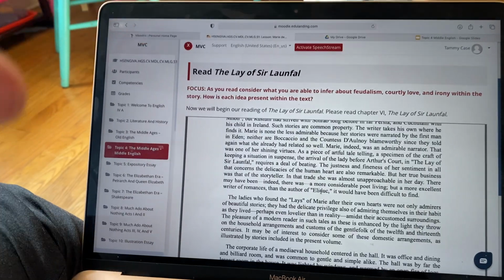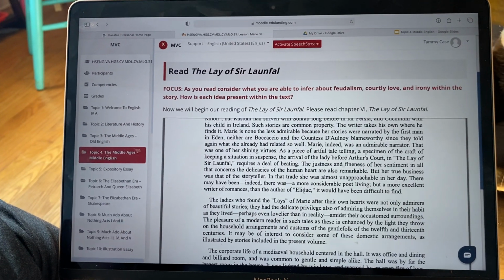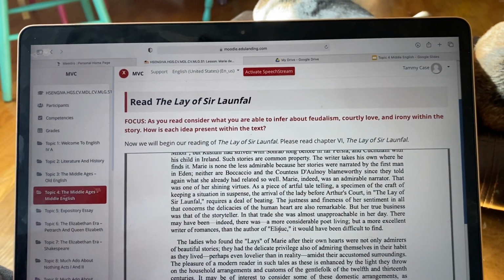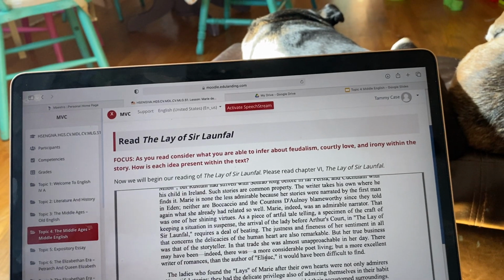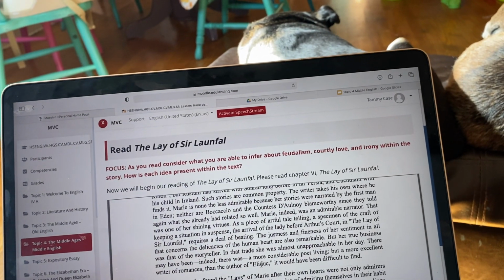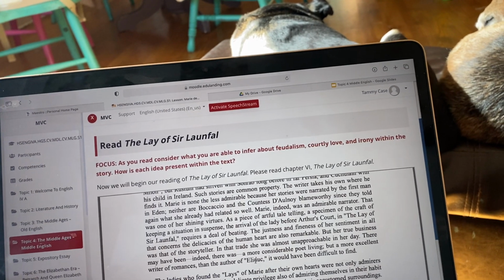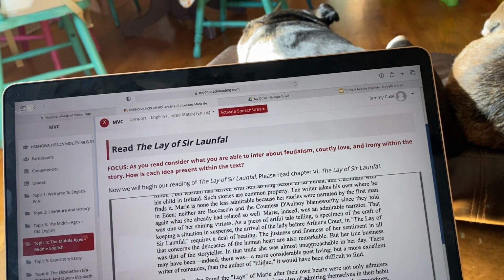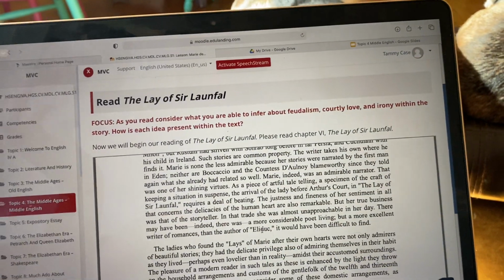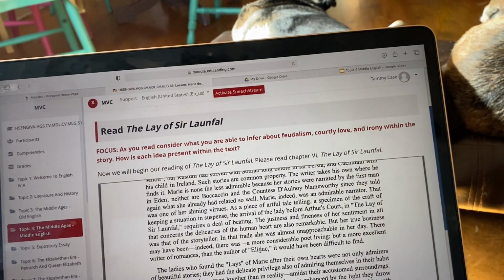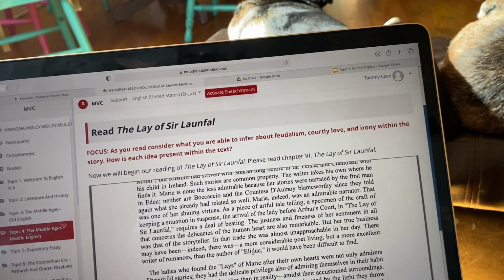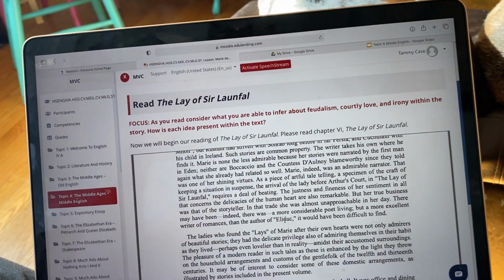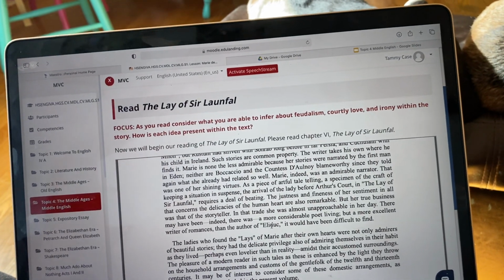You'll remember that in this book, the knight meets the fair maiden who is the fairest in the land. That's a very romantic, idealized thing to have happen, that you would come across this fairy, beautiful maiden. It's something out of a fairy tale. And he is propositioned by the queen of all people. He has a chance to be with Guinevere. And he is so in love with this fair maiden that he turns down Guinevere out of a sense of loyalty and love for this other woman.